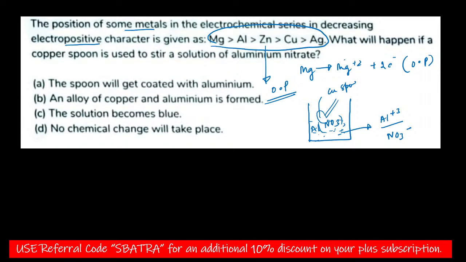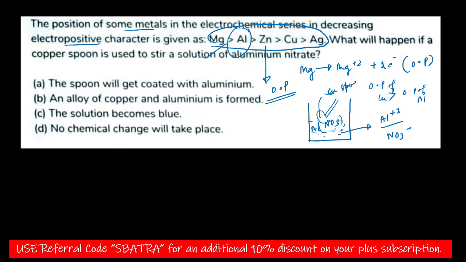If the oxidation potential of copper is greater than the oxidation potential of aluminium, then only a chemical reaction can take place. In this particular order, the oxidation potential of aluminium is greater than that of copper.